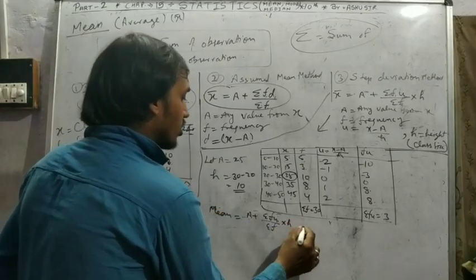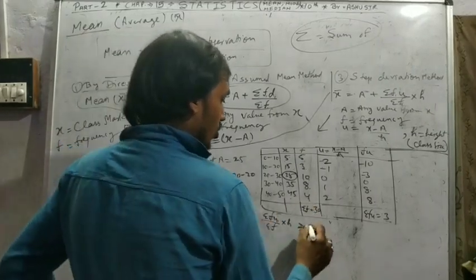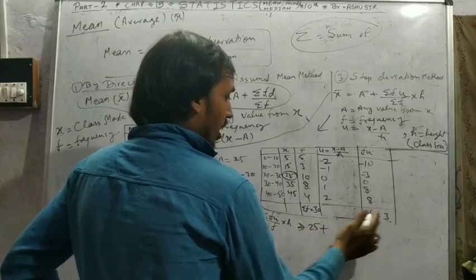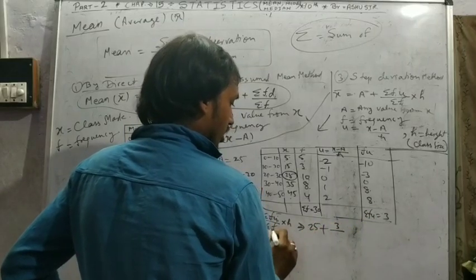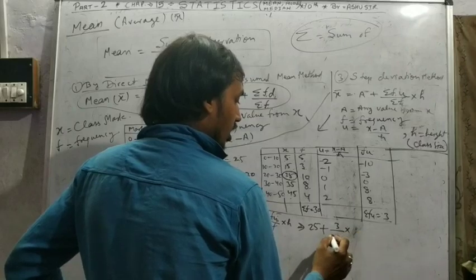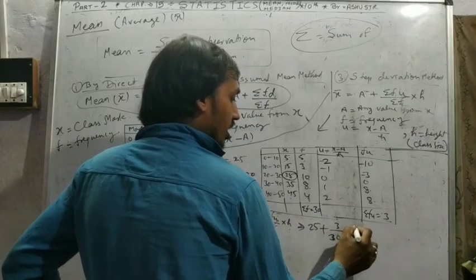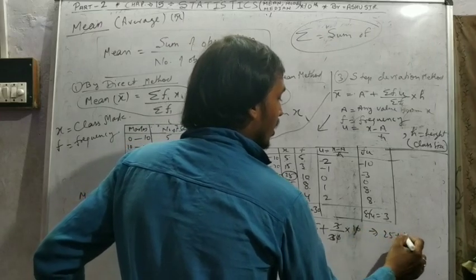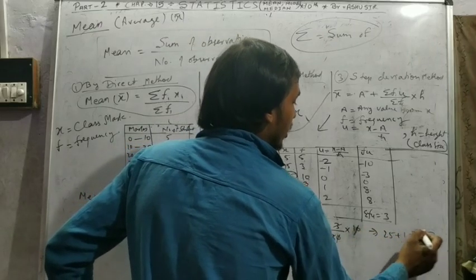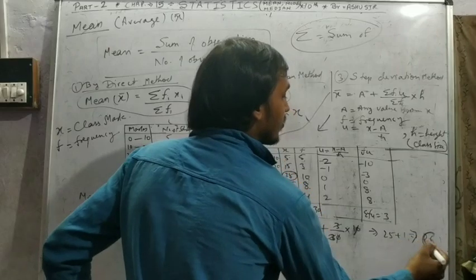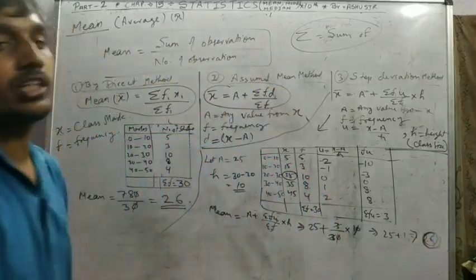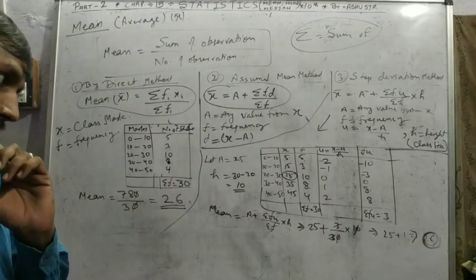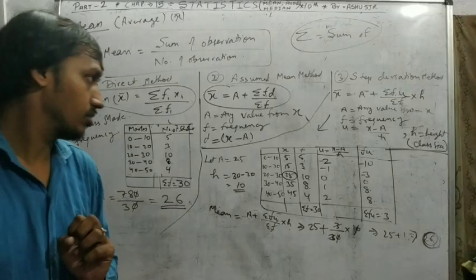Mean is a plus sigma fu upon sigma f into h: a is 25, fu is 3, sigma f is 30, into h 10. Zero cancels, 3 cancels, 25 plus 1, that is 26. Same answer, because the data is the same, so the answer is the same for any method.